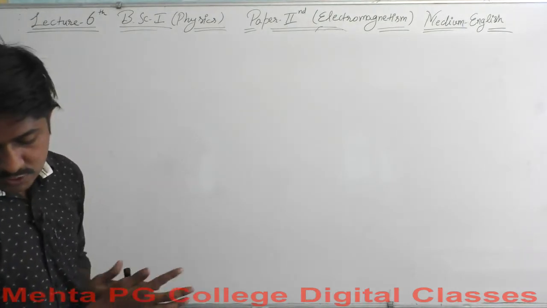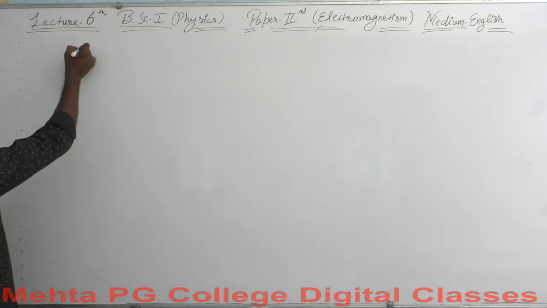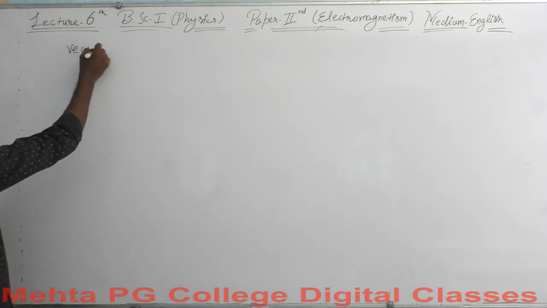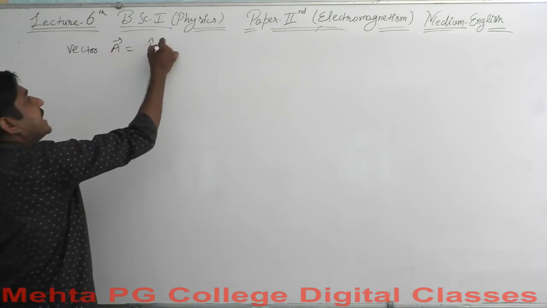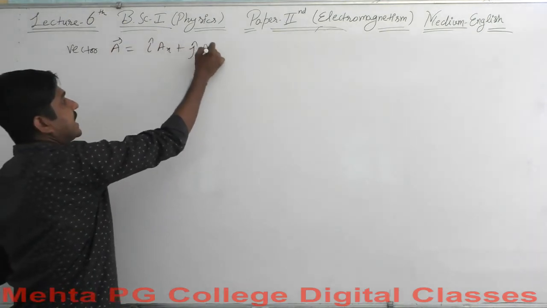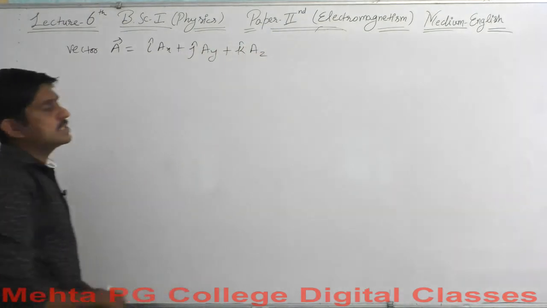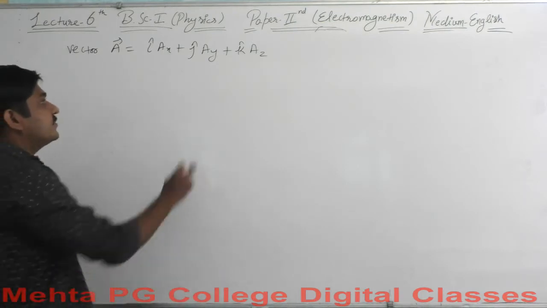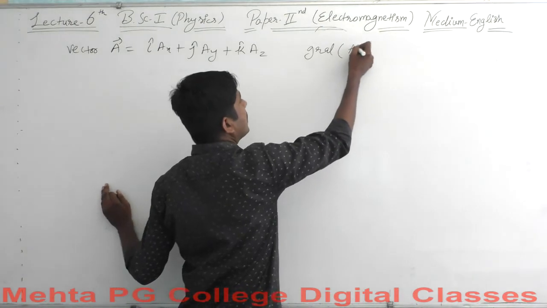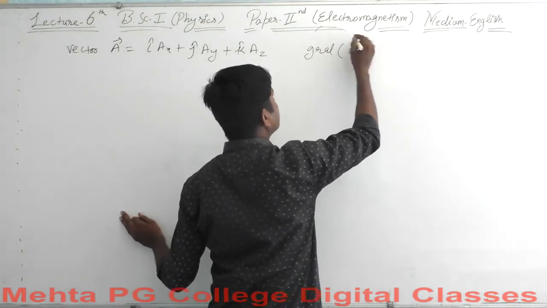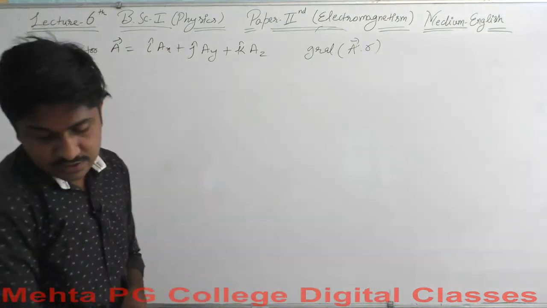Say you are supposed to calculate the gradient for a vector function A, which has components i cap Ax, j cap Ay plus k cap Az. So this is the vector function here, and we are supposed to calculate the gradient for A vector dot r vector.